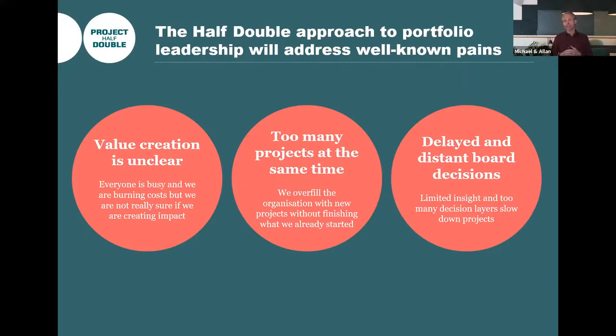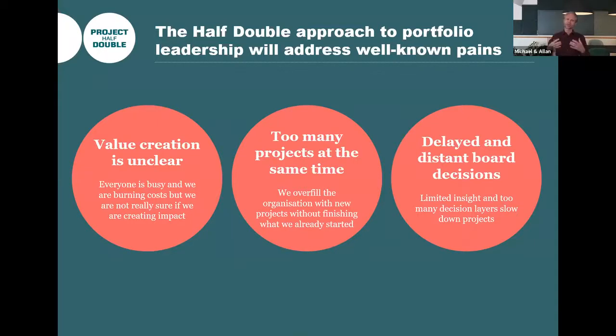The second pain that we often meet when we consult related to portfolios is that we would have too many projects at the same time. We see the whole organizational system being overflowed with projects, too many projects at the same time.